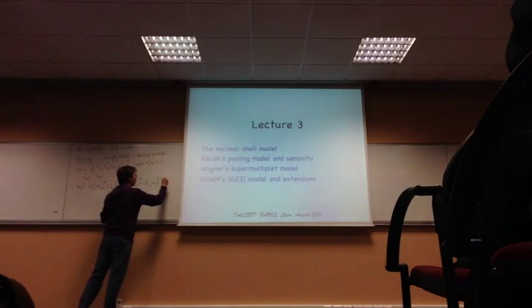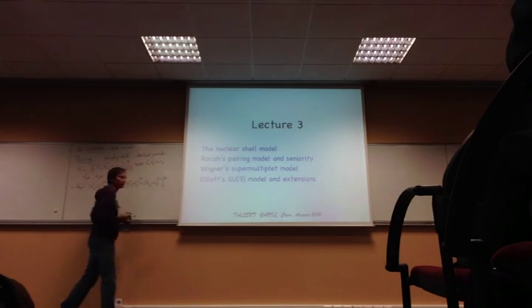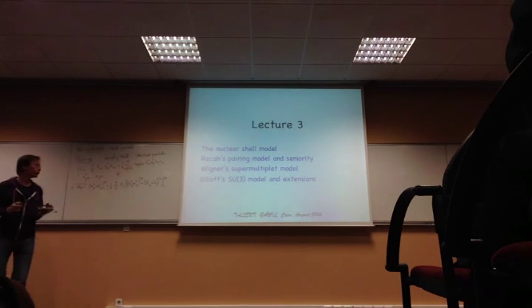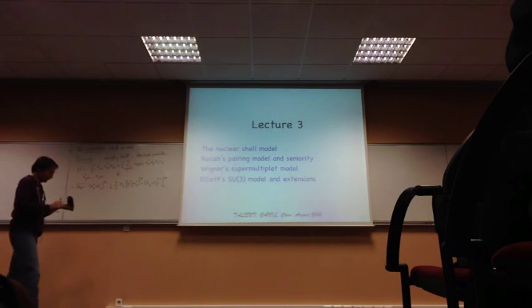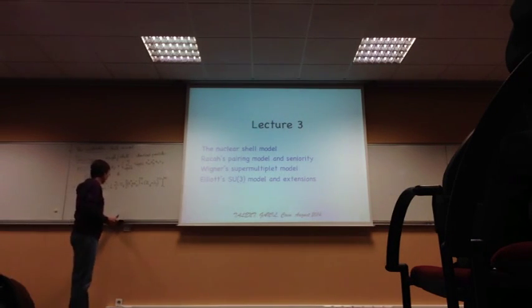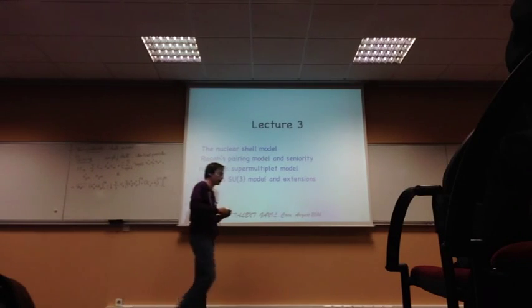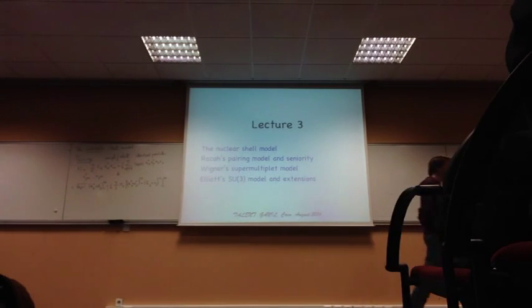Because the Hamiltonian is a scalar, this is something we impose. We want to have an interaction that is rotationally invariant, and so we need to construct a scalar Hamiltonian.